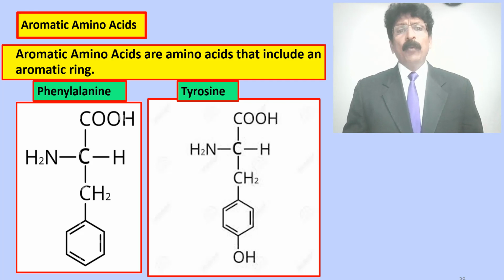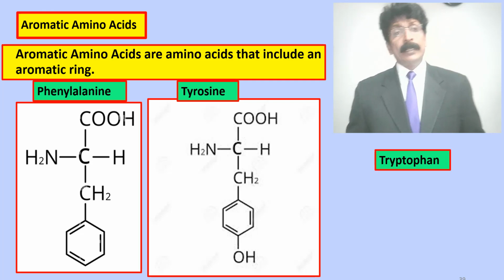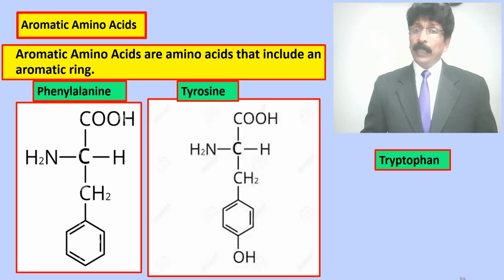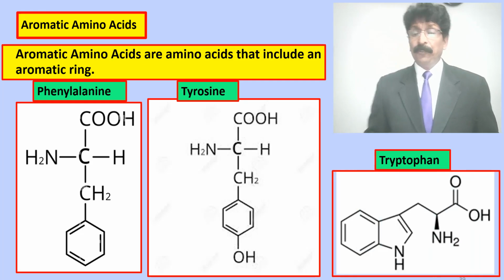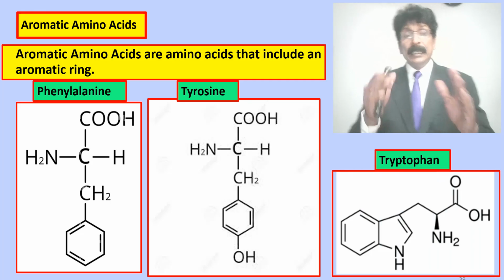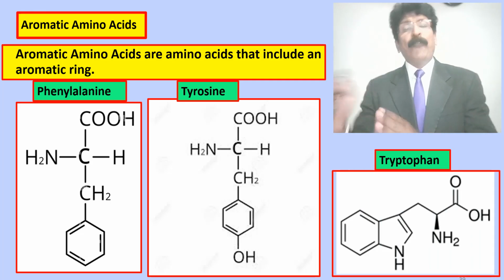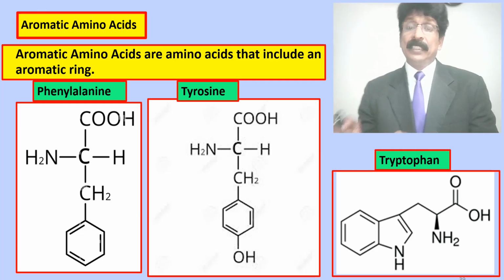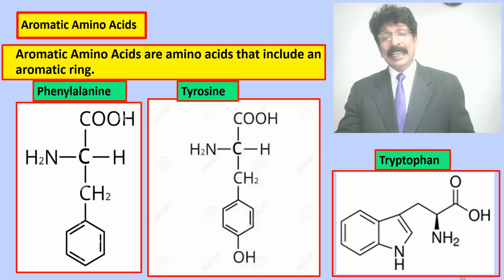It is only an additional OH. And the next important aromatic amino acid is tryptophan. If you see tryptophan, it has a benzene 6-membered ring structure and a 5-membered ring structure with nitrogen. And you have CH2, CH, NH2, COOH.